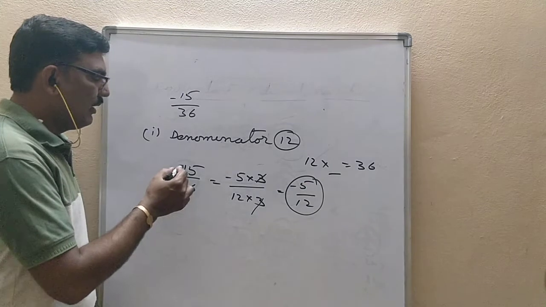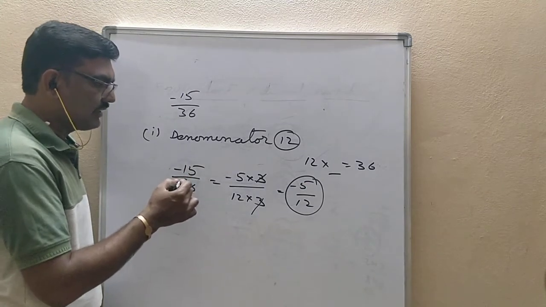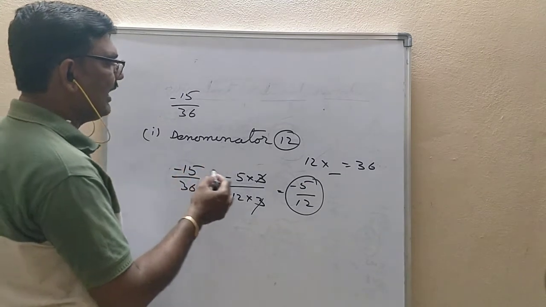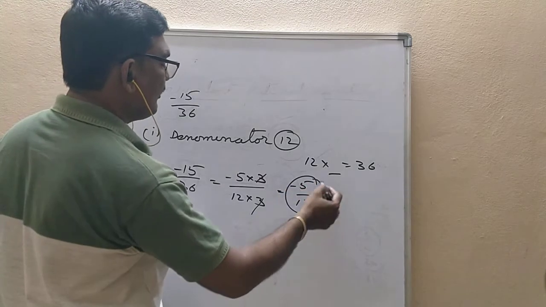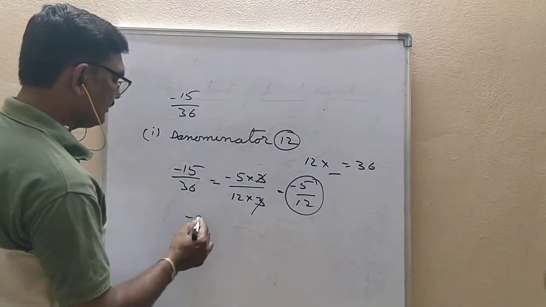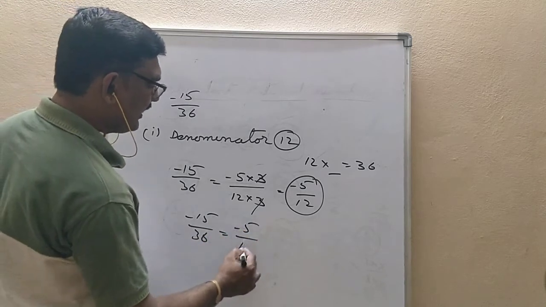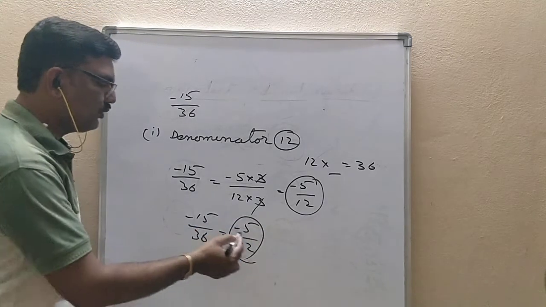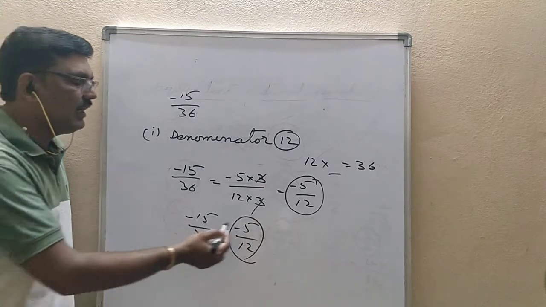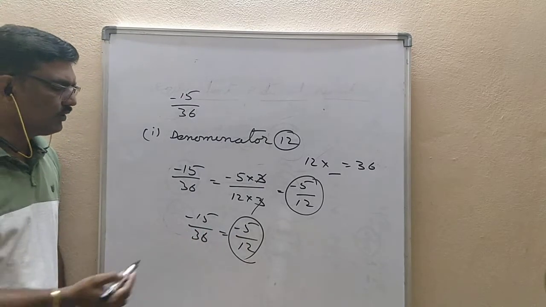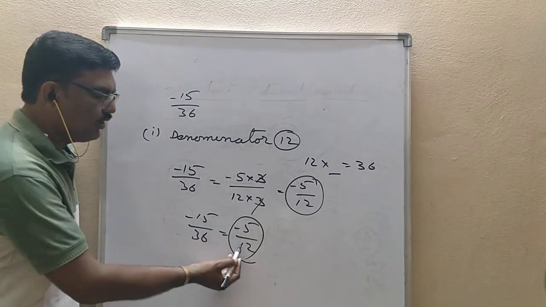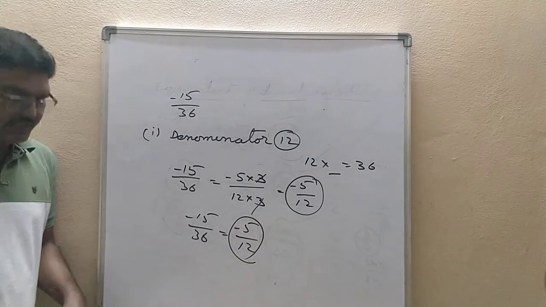So minus 15 by 36 is an equivalent rational number to minus 5 by 12. Minus 15 by 36 is equal to minus 5 by 12. These two are equal only. Equivalent rational numbers. So the denominator 36 you represent as 12. Okay.